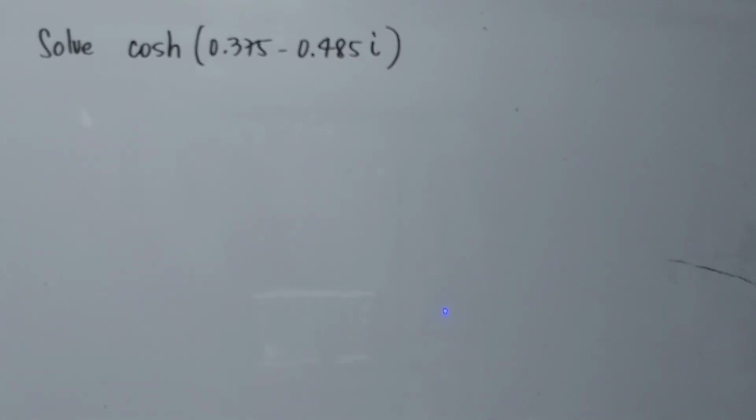Solve hyperbolic cosine of 0.375 minus 0.485i. So let's solve it.